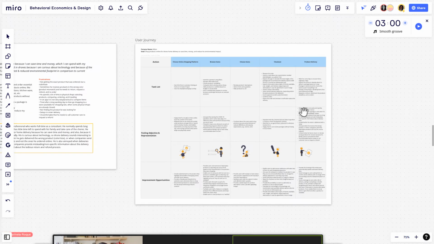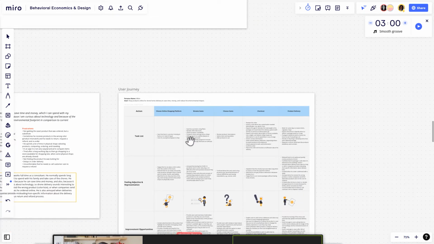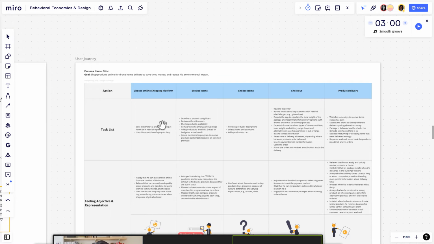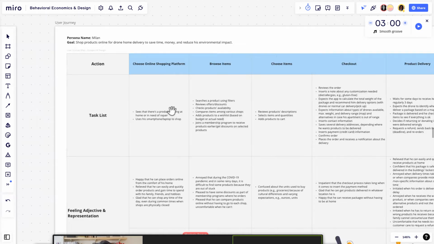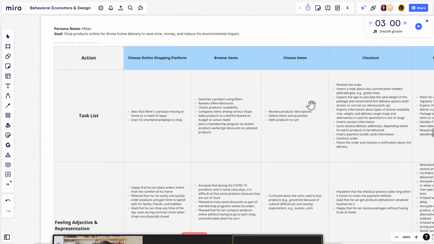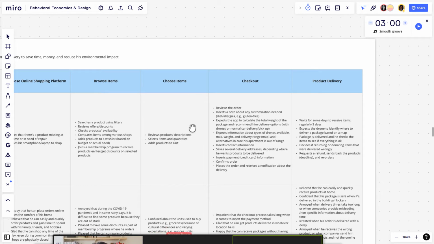And a traditional user journey around this is, first, let me see, my computer is a bit slow. So first choosing an online shop platform, let's say Zara, H&M, etc. Then they browse for items, let's say pants, sneakers, etc. Then choosing an item, selecting it. If they're interested, then they add to cart, complete the checkout, and then they receive the product, so product delivery.